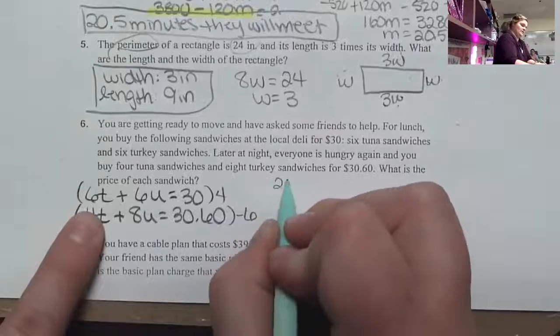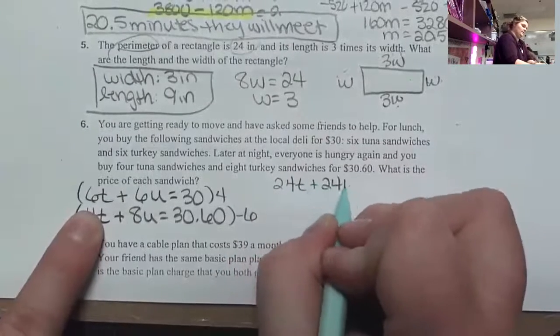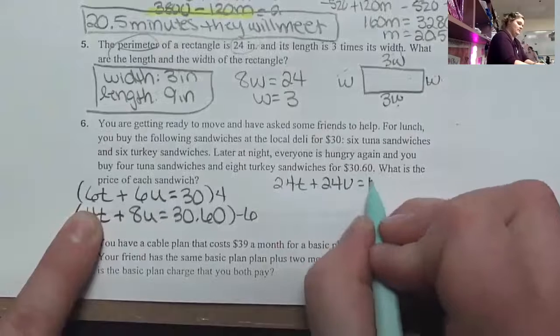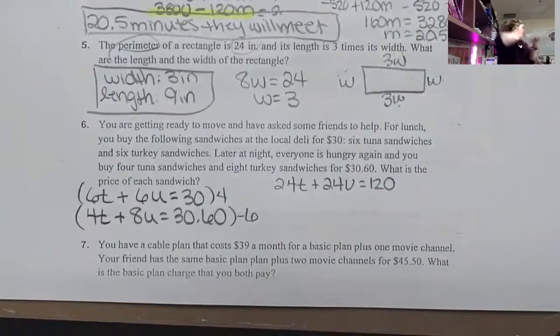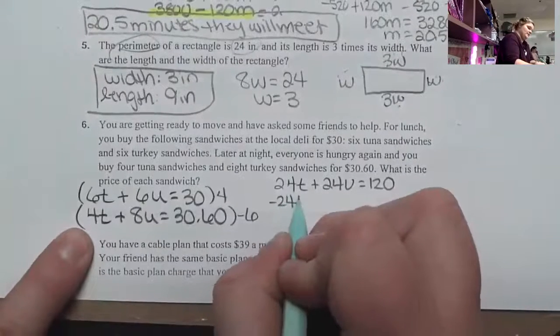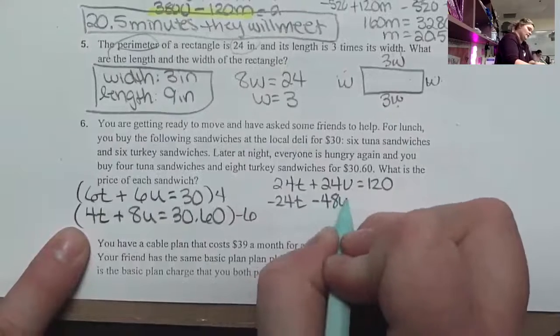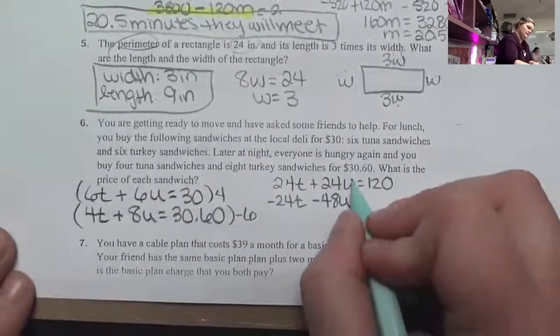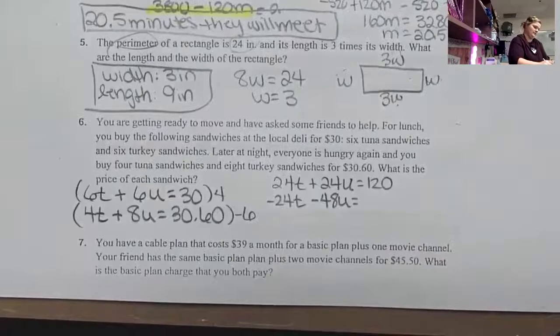Okay, so that's 24T plus 24U equals 120. And then -24T minus 48U. And then whatever -6 times that 36 we use.